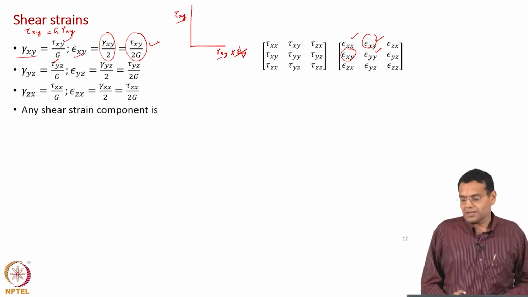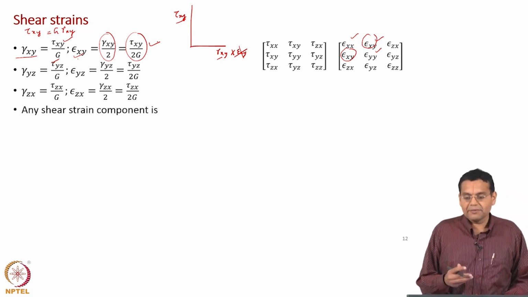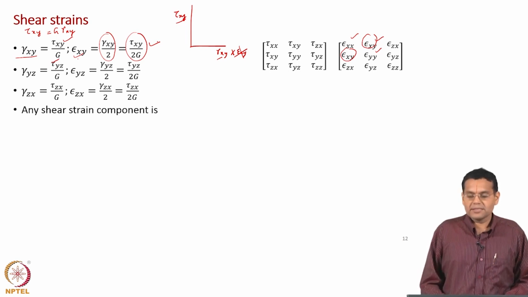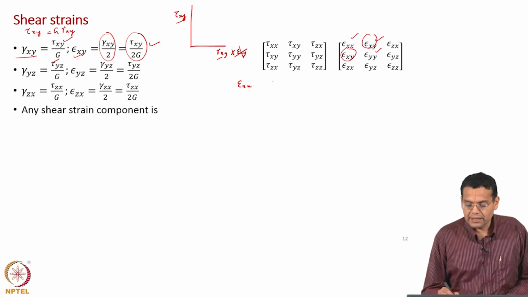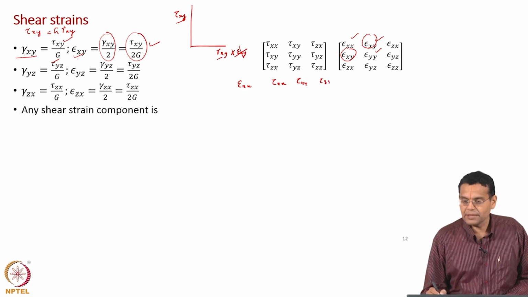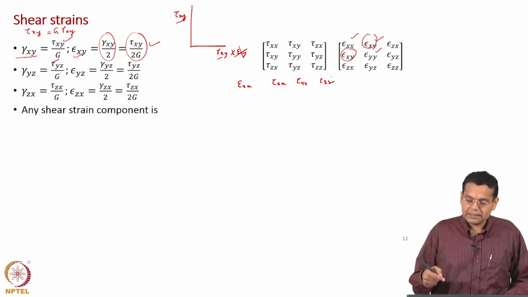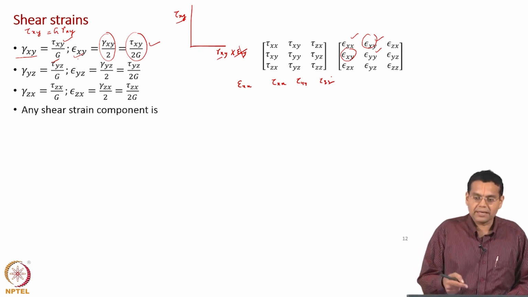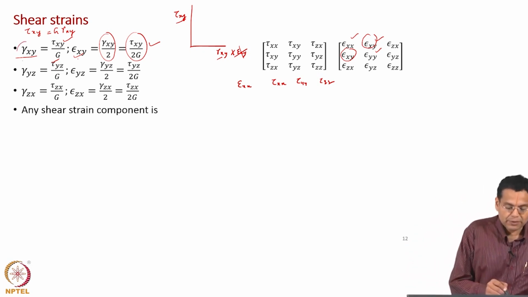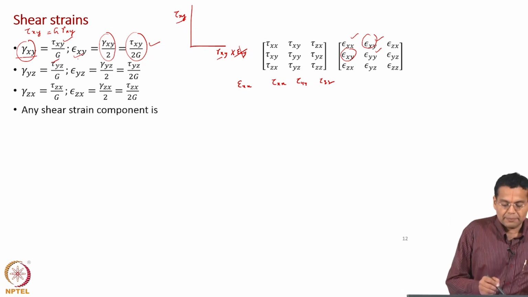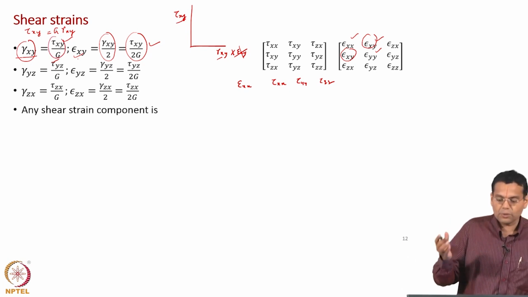Now, we should note one difference between the way in which we wrote normal strains and shear strain. When we had an expression for epsilon xx, on the right hand side we took into account the effect of tau xx, tau yy and tau zz. So, normal stresses acting along the x direction, y direction and z direction had an effect on normal strain along the x direction. But now look at the expression for shear strain. Gamma xy is written as depending only on tau xy, not on tau yz or tau zx.